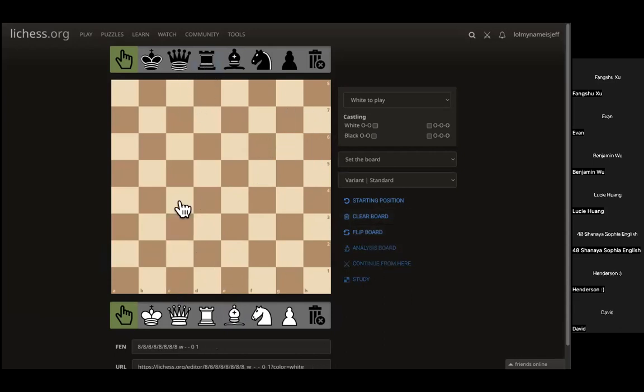We'll set up one more. Let's say the queen's here. Okay, put the kings on the board. For white, is this relative or absolute? Relative. Yep, reason?